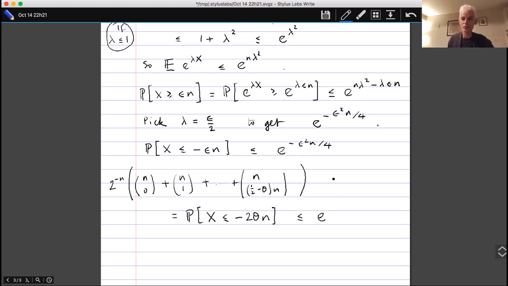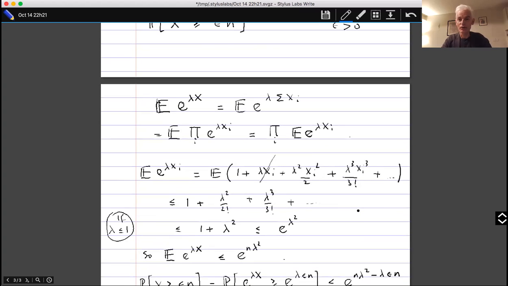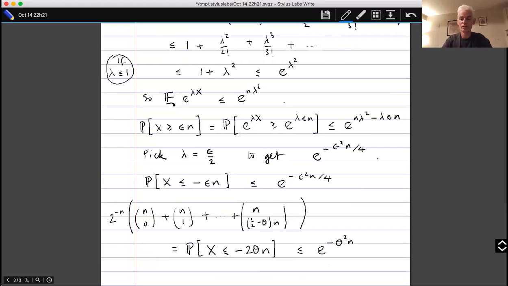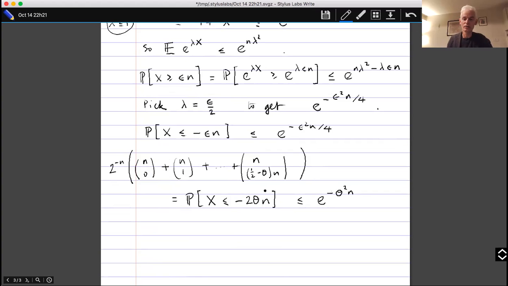So I'm going to substitute 2 theta for epsilon, and we'll get e to the minus theta squared n, which is actually a better bound than what we had above, which was e to the minus theta n squared over 2, just for a single binomial coefficient. I've got e to the minus theta squared n for a whole sum of binomial coefficients. So as I said before, the sum of binomial coefficients is not that much bigger than the biggest one, so that's not as good an achievement as it might look. Okay, so that'll be another useful bound.